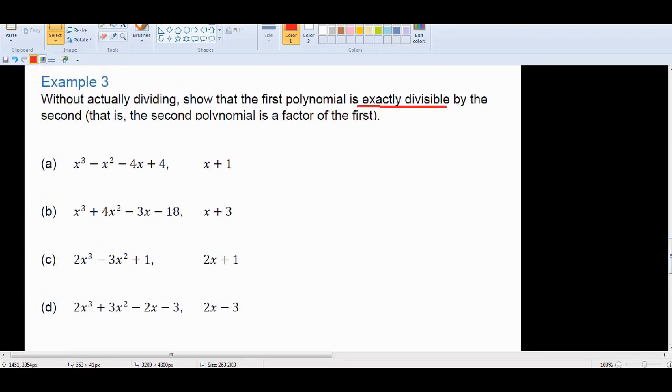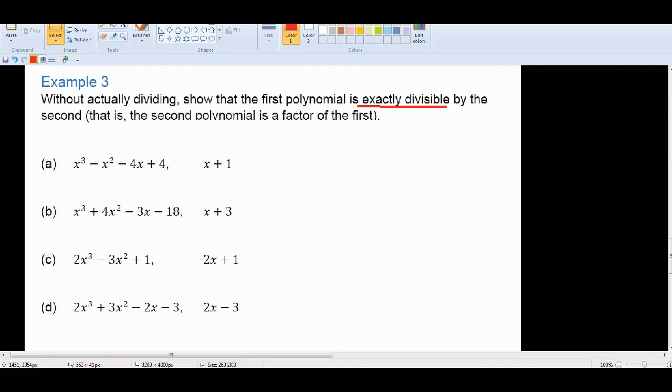Let's move on to example 3. In example 3, you are asked to show whether the first polynomial, which is a cubic polynomial, is exactly divisible by the second, which is a linear polynomial. So what do we mean by exactly divisible?